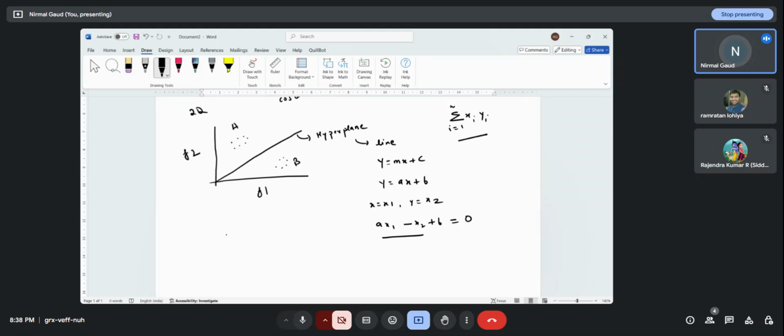So I have written it like this: a dot x1 plus minus 1 dot x2 plus b equal to 0.